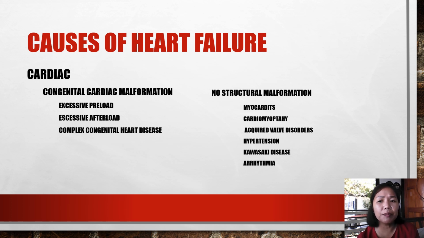So this increases preload and leaves only a little room for further dilation for an adequate cardiac output until heart failure ensues. Or when there is excessive afterload like that of severe aortic stenosis or coarctation of the aorta, cardiac output is compromised due to the high resistance to which the heart pumps.